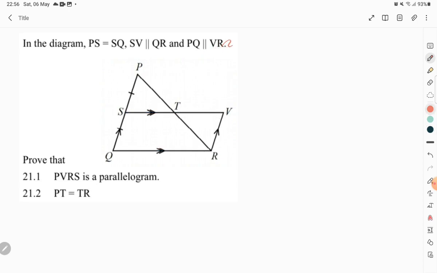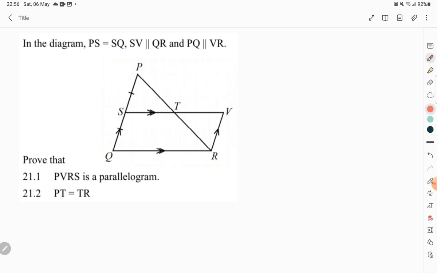Then PQ is actually parallel to VR. So the first question says, prove that PVRS is a parallelogram. So I think we need to view all the theorems around the parallelogram now.